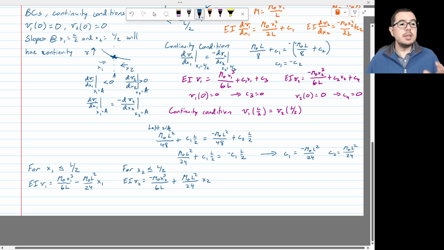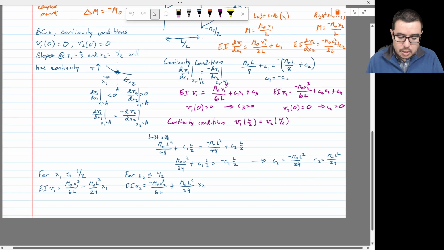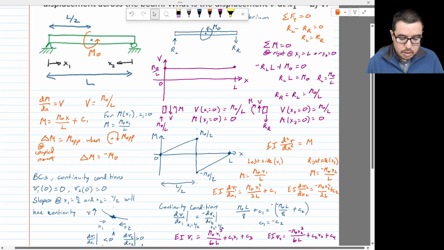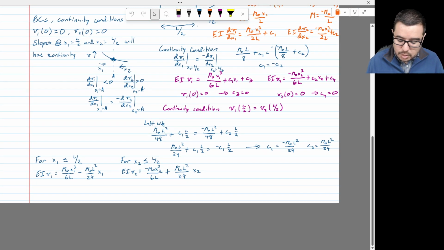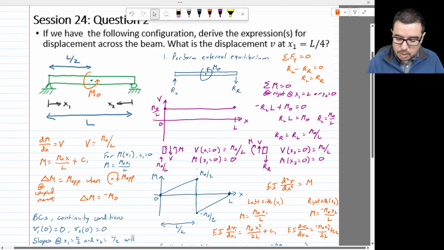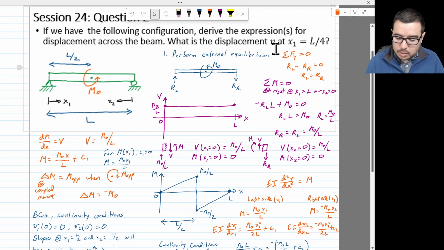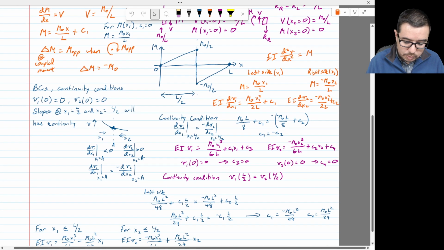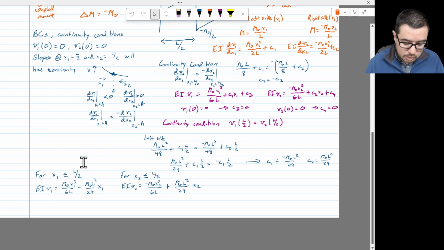So this is the elastic curve, and it will allow us to plug in. Right at the very top, it said what is the displacement little v at x1 equals L over 4. So we have to use the left side, of course. We use this equation over here.